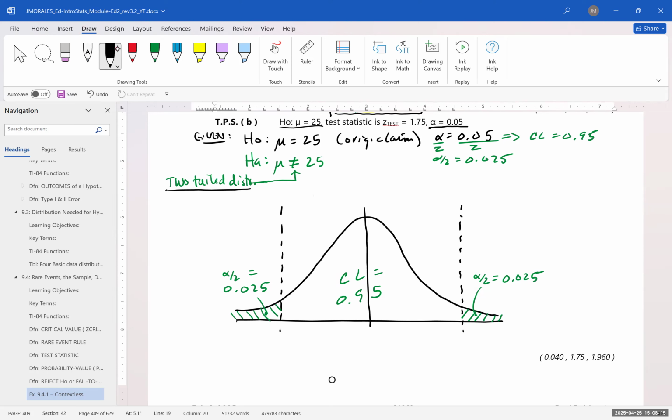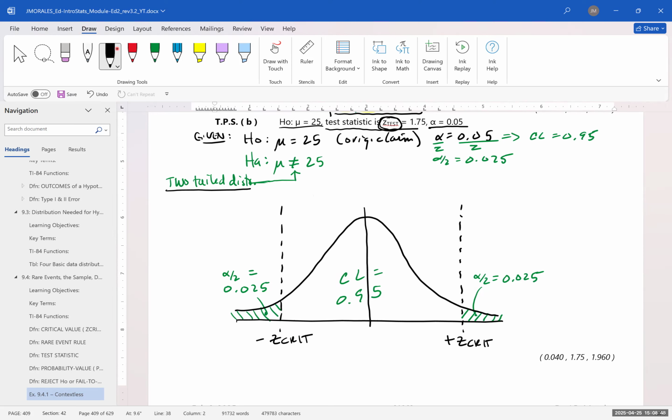So these two boundaries are defined by critical values. Now, what kind of critical values are we going to have? Well, we're going to have Z critical values, because we're dealing with a Z test statistic. Because it's a Z, that's a normal distribution. So we're going to have a positive Z critical value and a negative Z critical value.